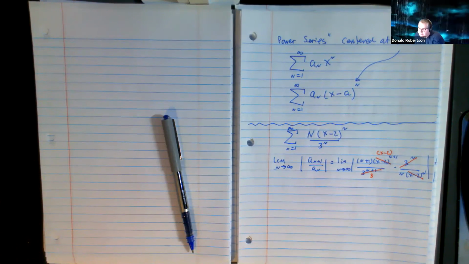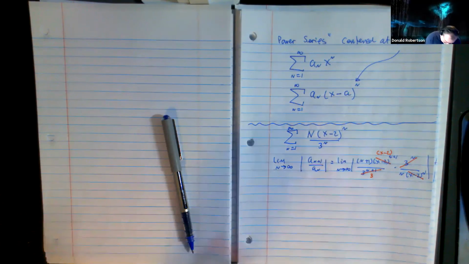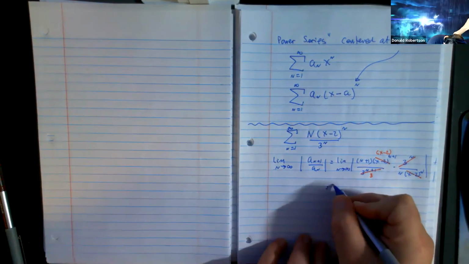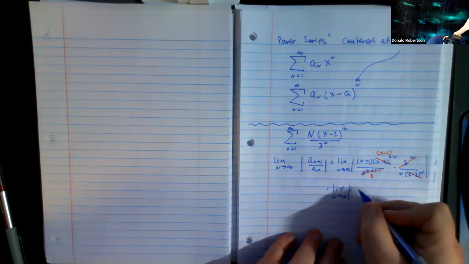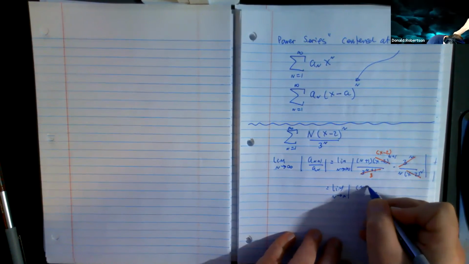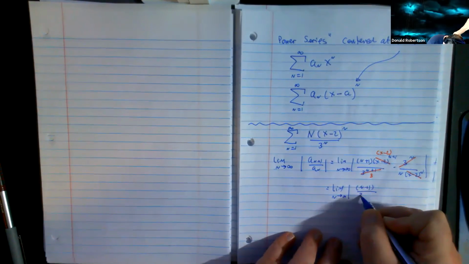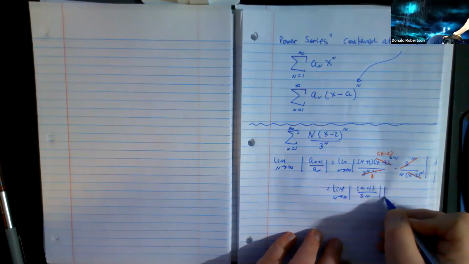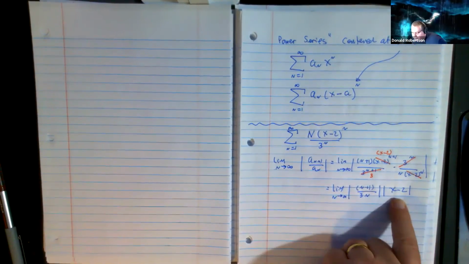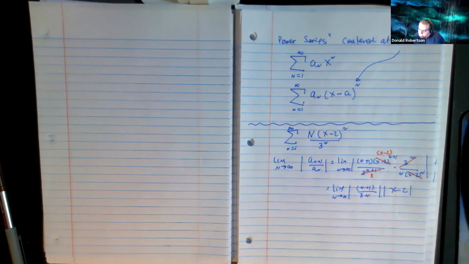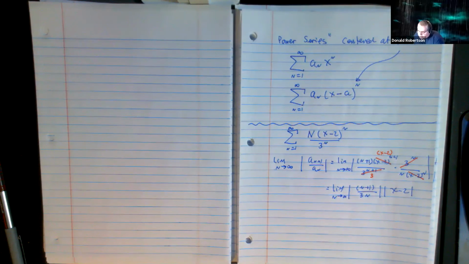So rather than an x left behind, you're going to have an x minus 2 left behind. No biggie. That leaves me with the limit as n tends to infinity of (n+1) over 3n and a single x minus 2 left over, rather than the typical single x left over, right? Pretty similar.